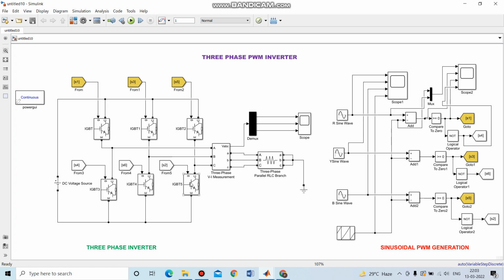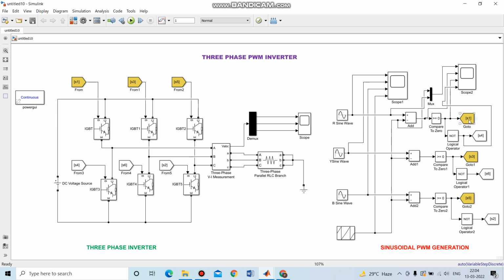The gate pulse is given from the sinusoidal PWM generation. We are going to create the sinusoidal PWM in the circuit, and from that sinusoidal PWM we are going to give the gate pulse. For this purpose we are going to use the Goto as well as the From operation.